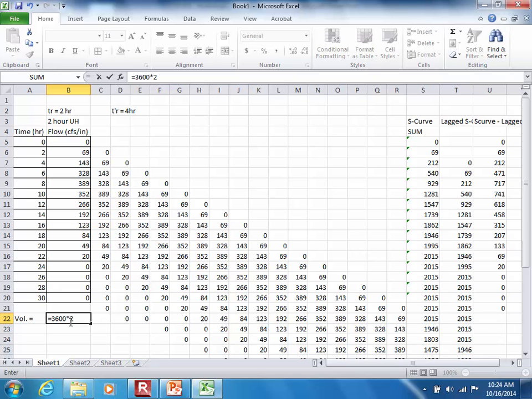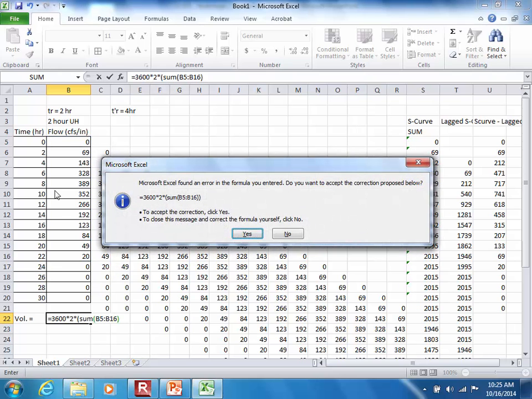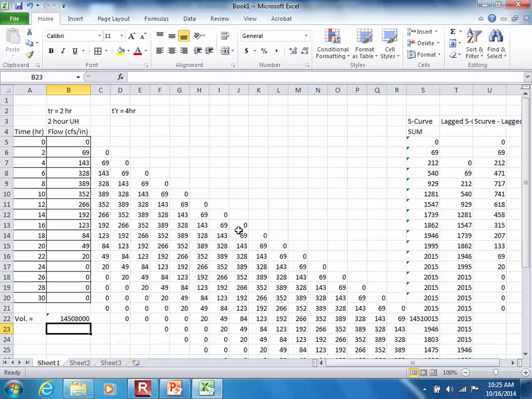So that's how many seconds are in a 2-hour time period. And then times the sum of all of these. And that'll tell me the total volume of runoff during the storm. So this is the volume in cubic feet.